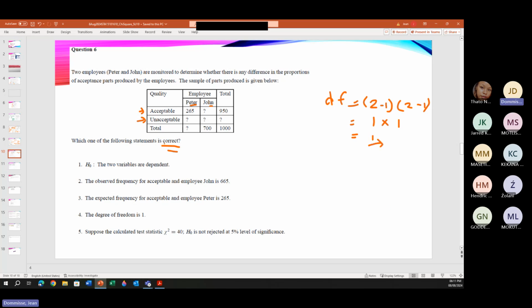Which one is correct? Let's look for the degrees of freedom. Degrees of freedom is 1. In this instance, we are still going to go through all of the other ones, but in the exam, which will be timed, please look for the easier ones first.